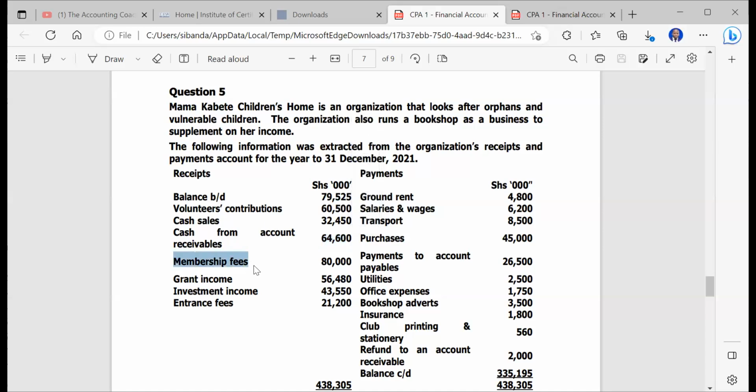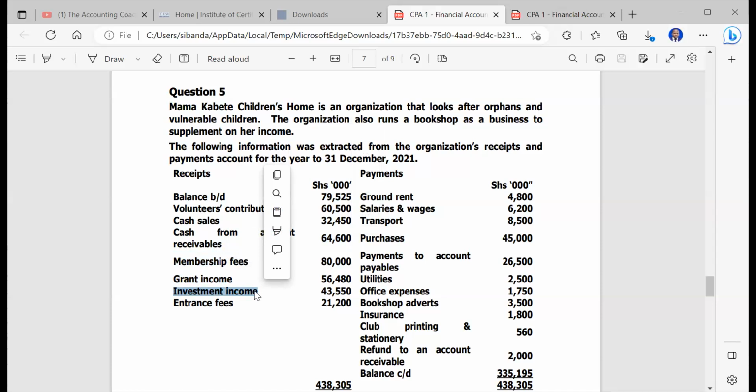Then we have membership fees, like members contribute to the non-for-profit. And then we have grants income. This might come from a donor, either government or some donations from some international organization. Then we have investment income. Them being a non-for-profit, they can invest some money maybe in treasury bills.